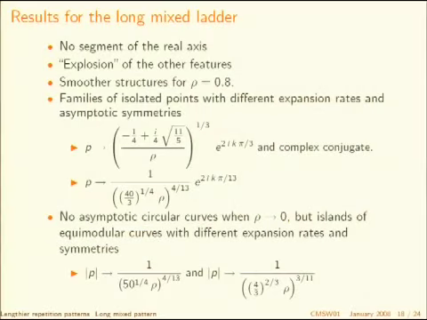So in this case, there is no segment on the real line, but different features: an apparent smoothing out of the structure near rho equal 0.8, and different families of either isolated points or equimodular curves, which correspond to different rates of expansion.